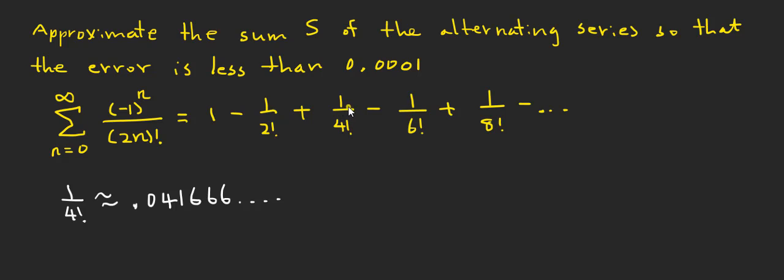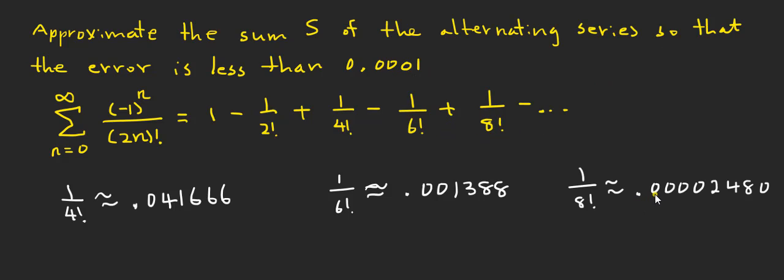When you evaluate 1 over 4 factorial, that's approximately 0.041666. And this is not less than 0.001. So let's try 1 over 6 factorial. When you evaluate 1 over 6 factorial, you get approximately 0.001388. And this is still not less than 0.001.